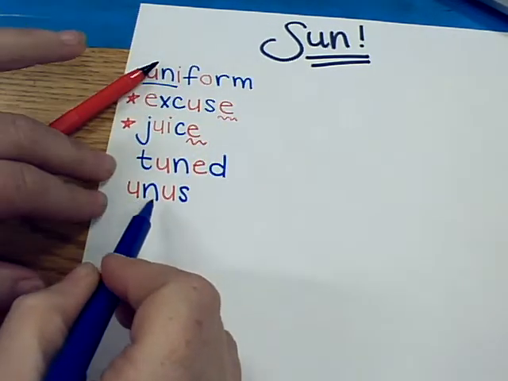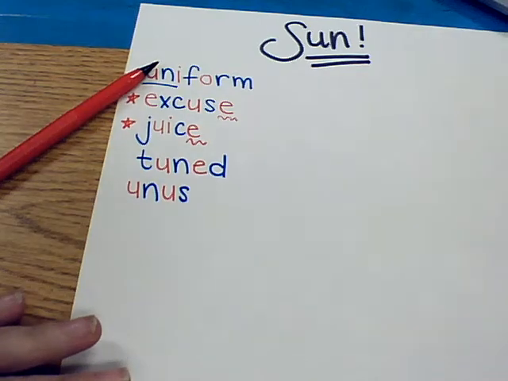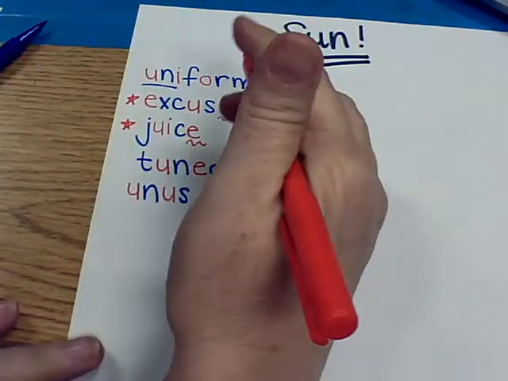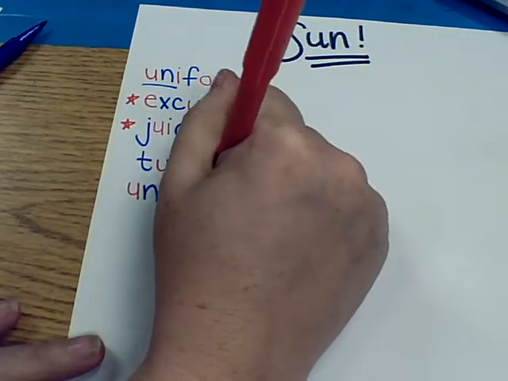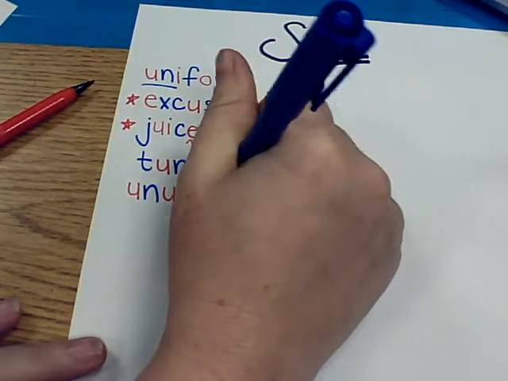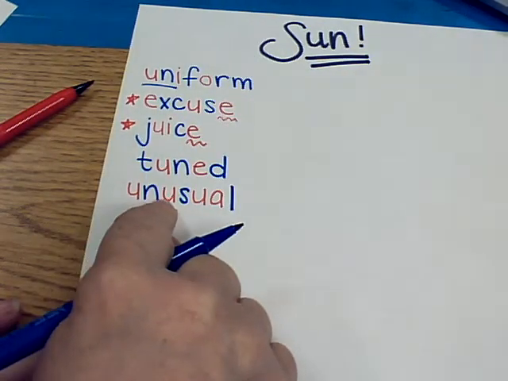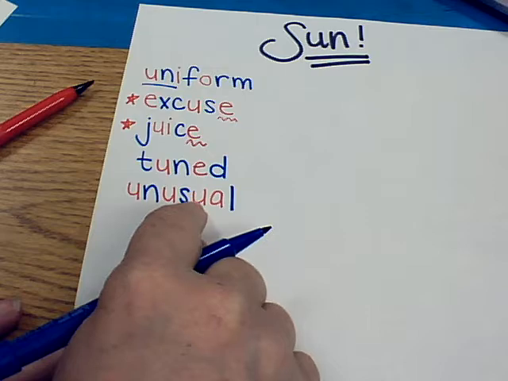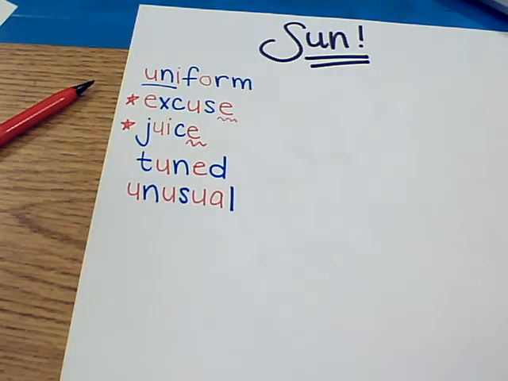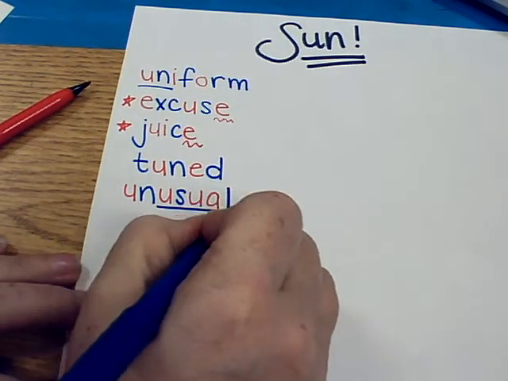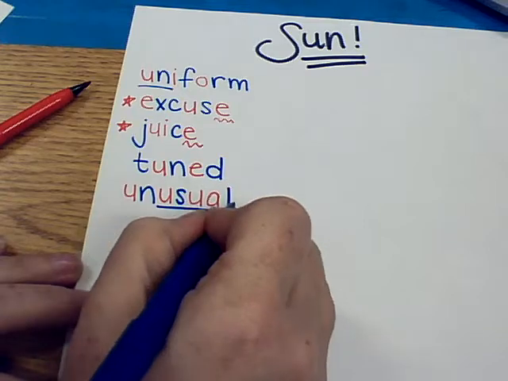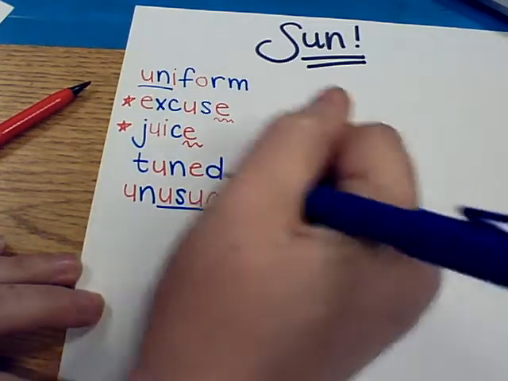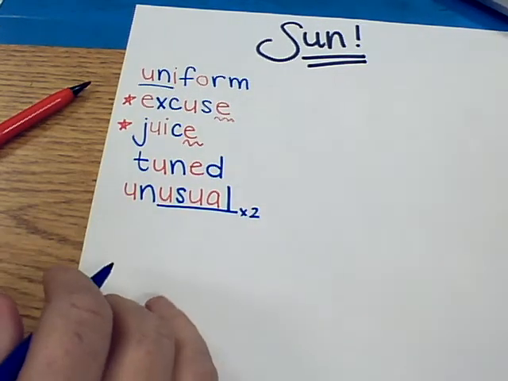But when we're doing usual, do you hear the U? U-A-L. On use, instead of an E, it's U-A-L. Unusual. And this part, the U-S-U-A-L, it's going to be used twice in our spelling list this week.